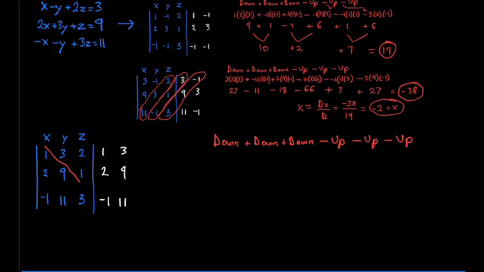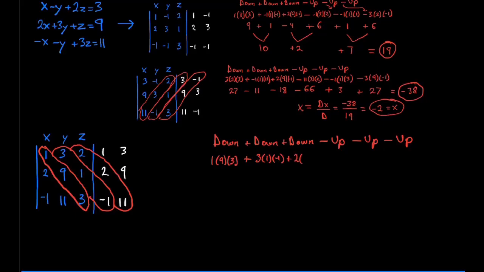This is the first one going down. Then you have this loop. Then you have that loop. And then you do the loops going up from the negative 1.